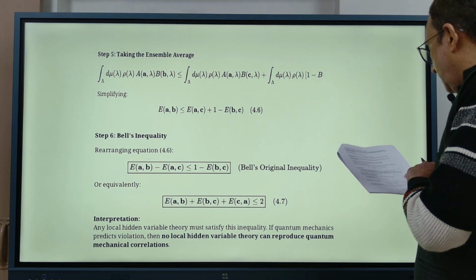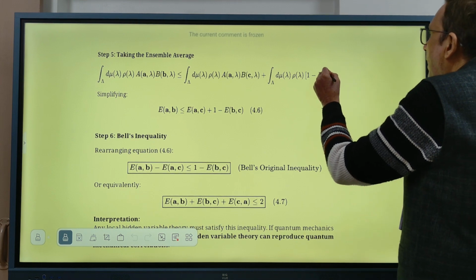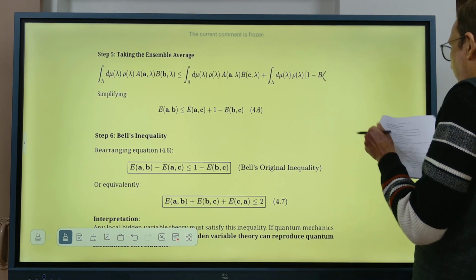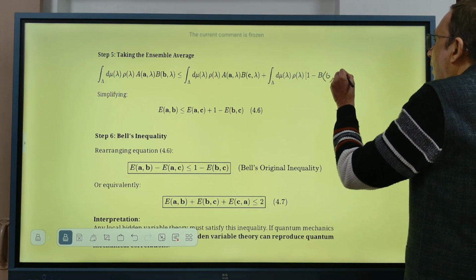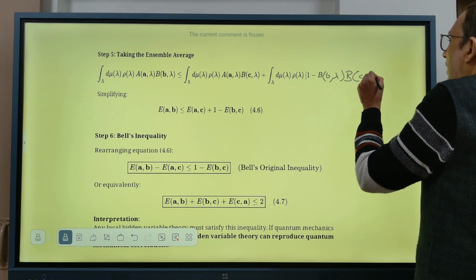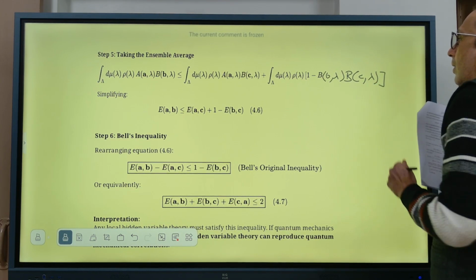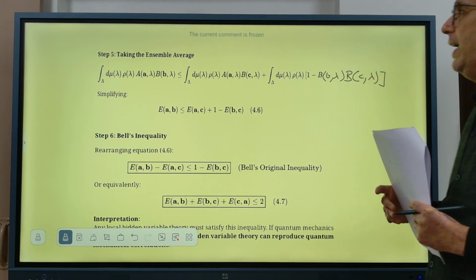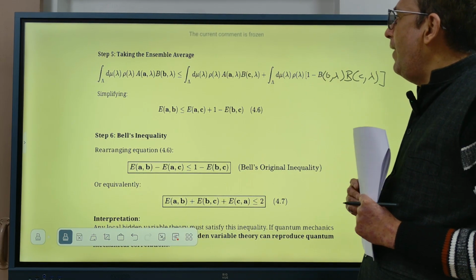Here it is: B in direction B lambda times B in direction C lambda. This is what we get after taking the ensemble average and then simplifying.